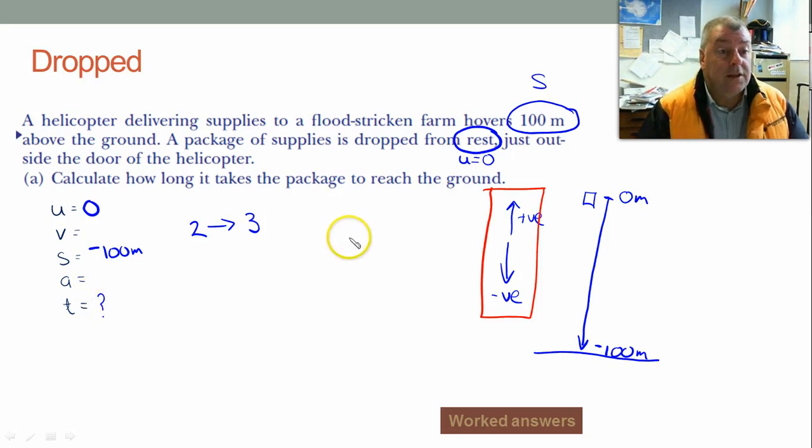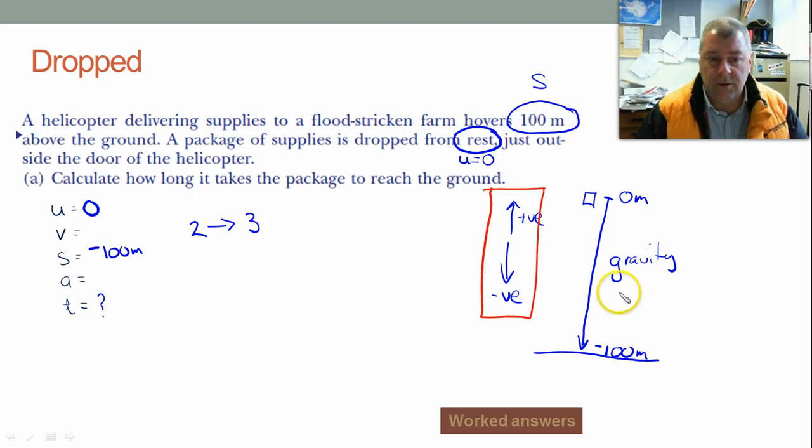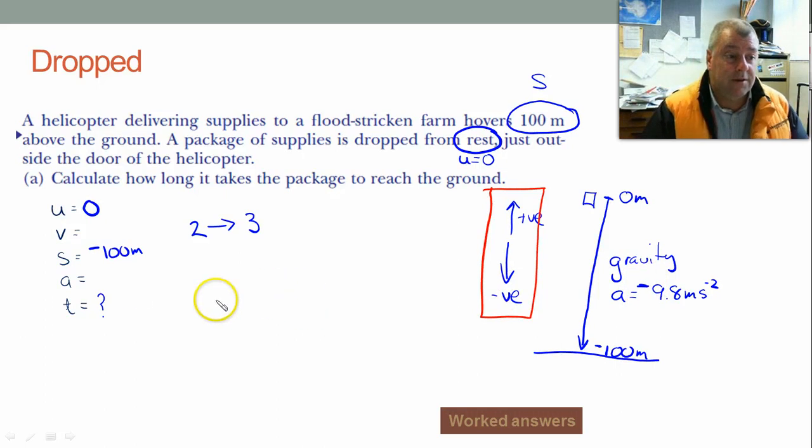So the trick here is to recognize that this is falling due to gravity. And as soon as it's falling due to gravity, we can use a equals 9.8 meters per second squared. But notice that this is also accelerating in the negative direction, and that's why we would say that we're going to use minus 9.8 meters per second squared as the acceleration.